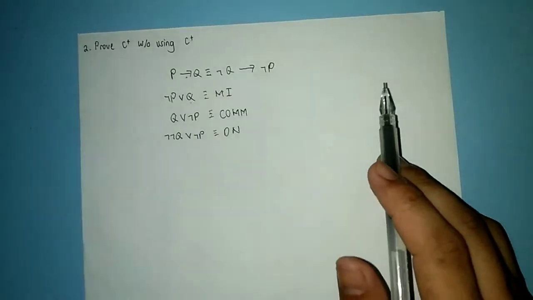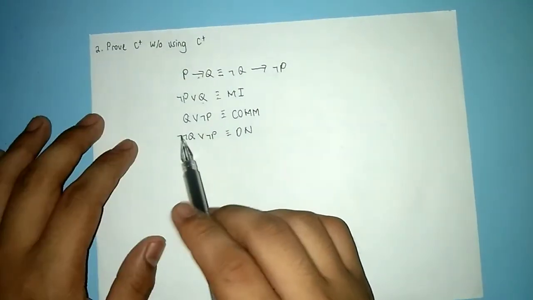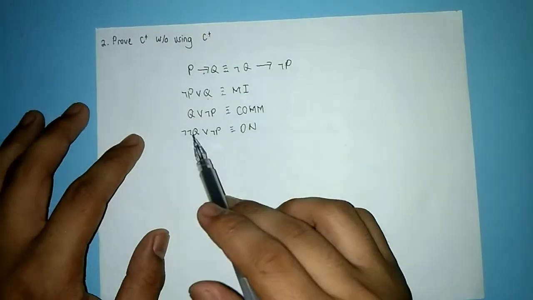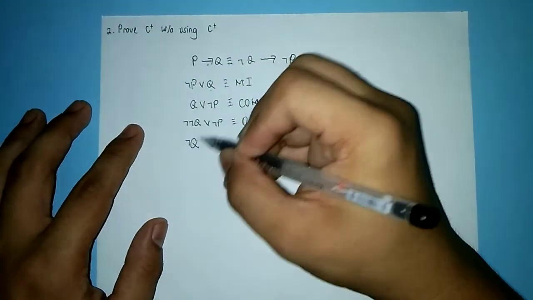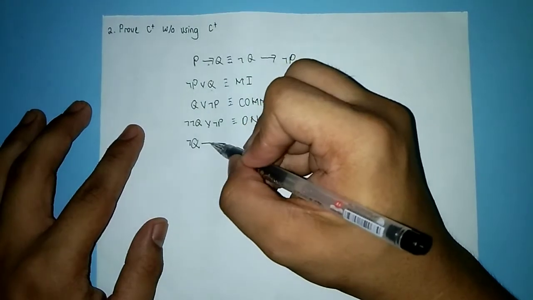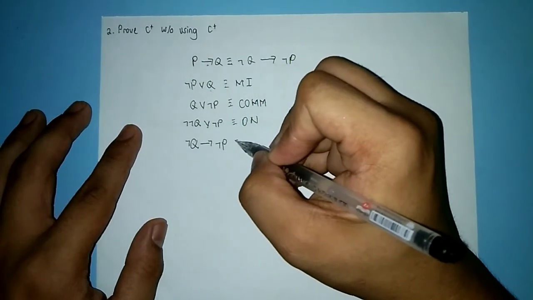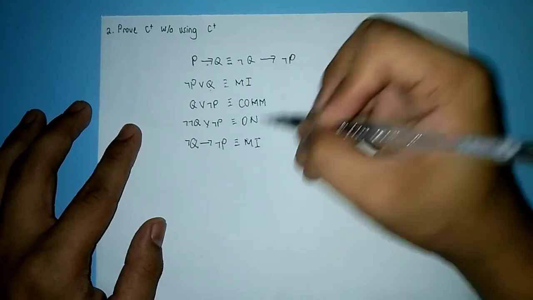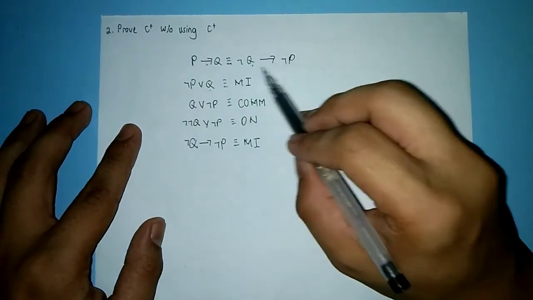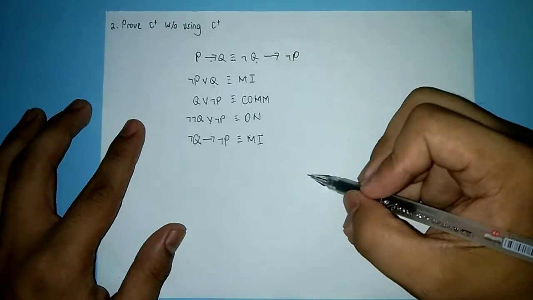Okay? So, pero dito, dalawa yung not niya, isa lang naman ang mawawala. So, may matitira pang isang not. Okay? So, isang not Q, tapos from disjunction, magiging implication not P. By material implication. So, as you can see, napakita na natin not Q implies not P. So, this is done.